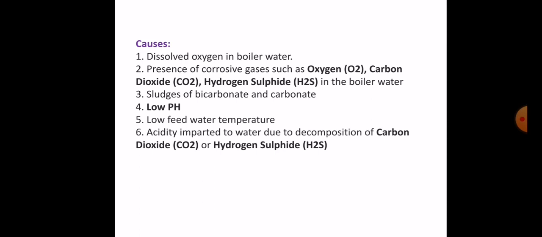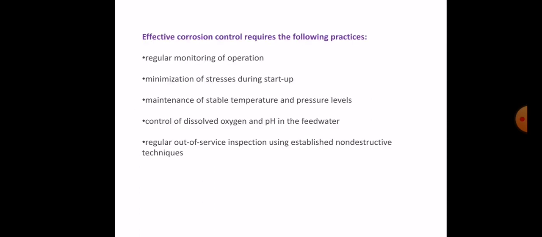Fourth one, low pH. We have already discussed that we use higher pH water to prevent corrosion. Then low feed water temperature. Last one, acidity imparted to water due to decomposition of carbon dioxide and hydrogen sulfide, H2S. Further, we can go ahead.